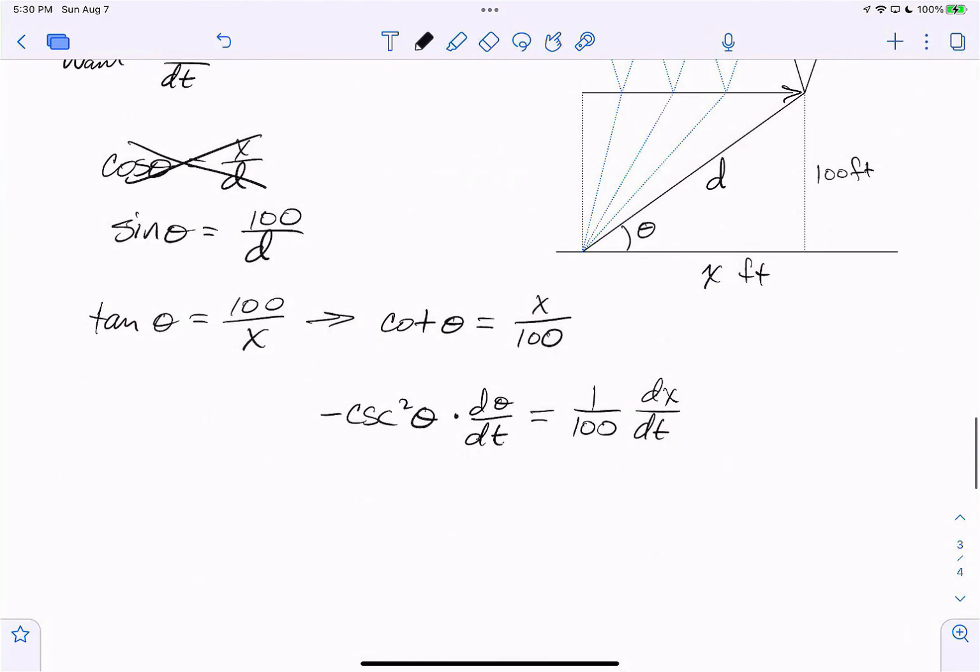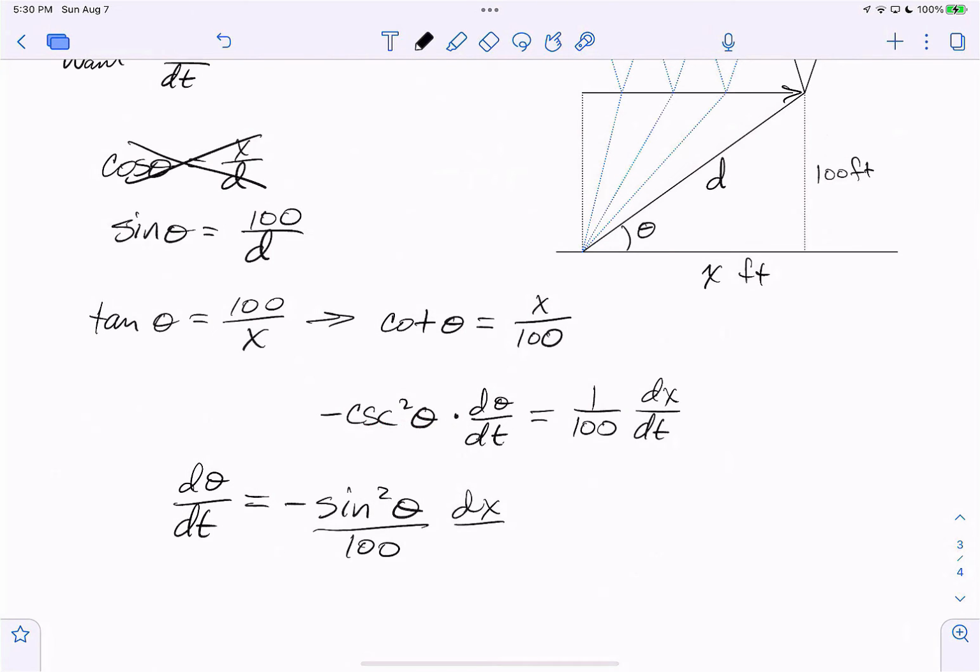So I'm going to solve for dθ/dt. And I'm not going to divide both sides by cosecant squared of theta. I'm going to multiply both sides by the negative sine squared of theta. So I have negative sine squared of theta over 100 times dx/dt. Now I'm ready to plug in some numbers. 100 is 100.